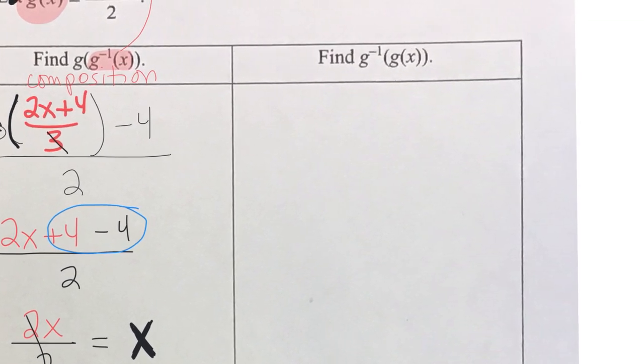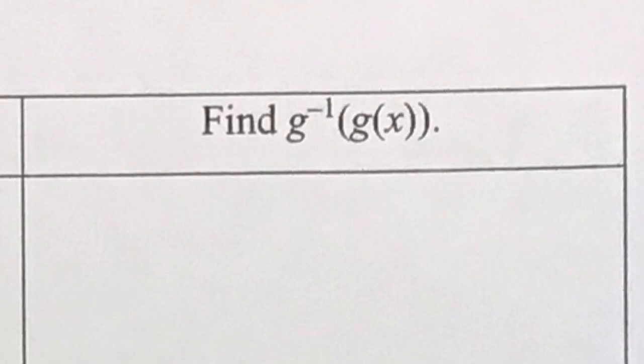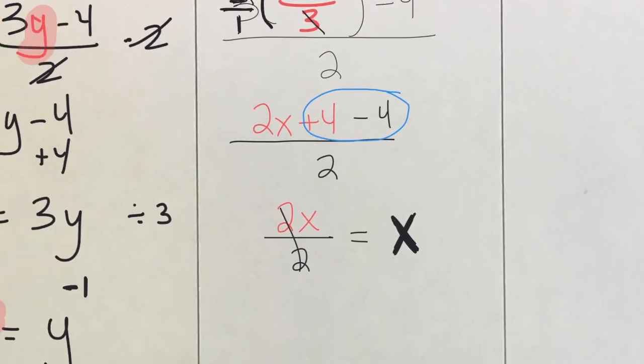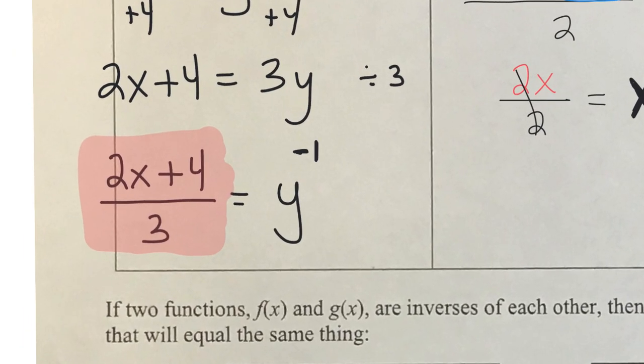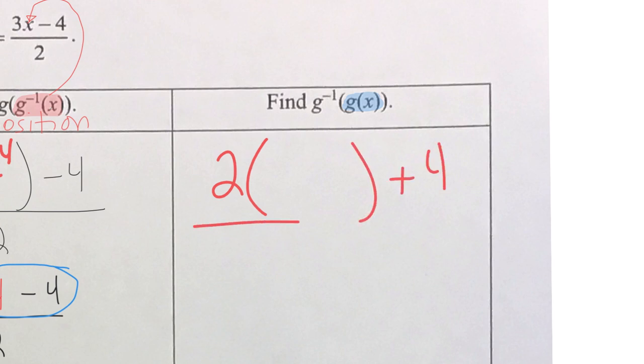Well, let's see about this one. This one says take your original g function and plug it into your inverse equation. So let's see, what was our inverse equation again? That was 2x plus 4, divided by 3. So I have 2 times something plus 4, all divided by 3.